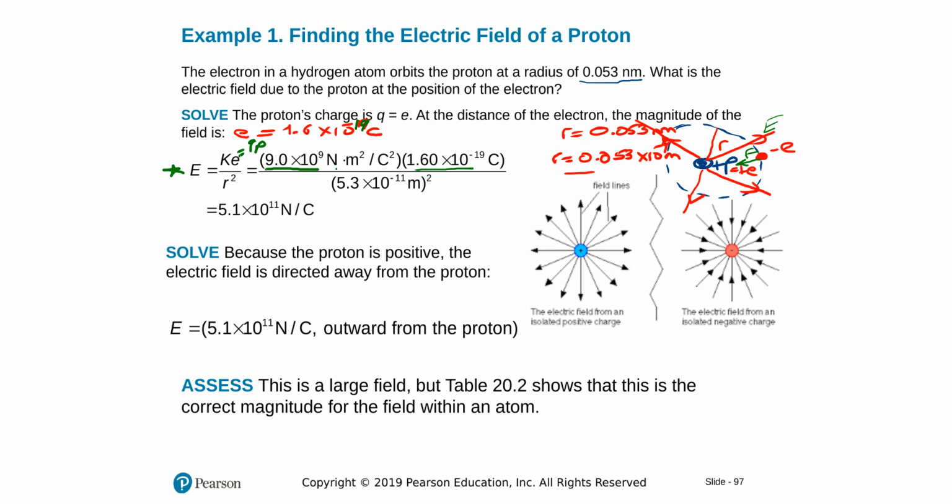Let me rewrite this as well. It's not looking good over there. Sorry about that. 0.053 times 10 to minus 9.